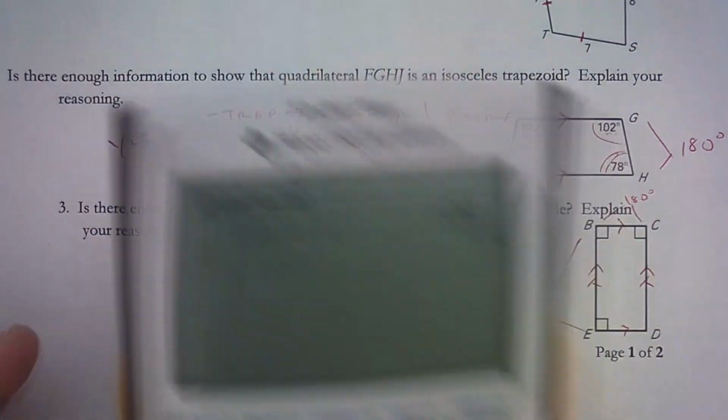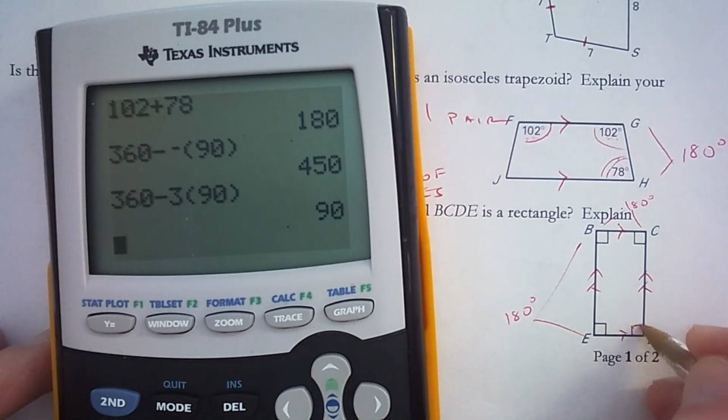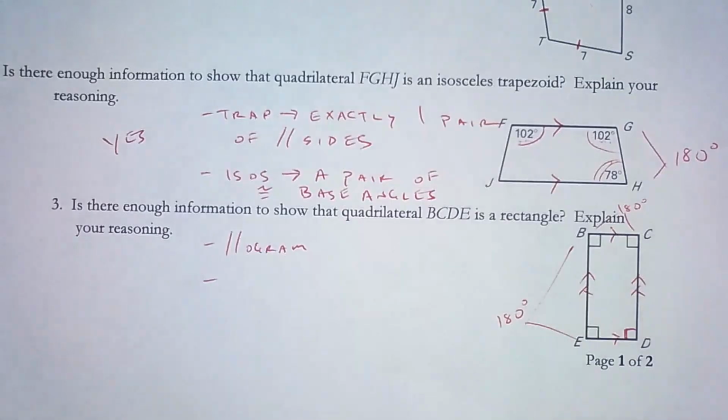And a parallelogram is a quadrilateral, and a quadrilateral has 360 degrees, and if I subtract the three 90s, I'm left with, okay, so that isn't right, 360 minus 3 times 90, and I'm left with 90, so this is also 90.